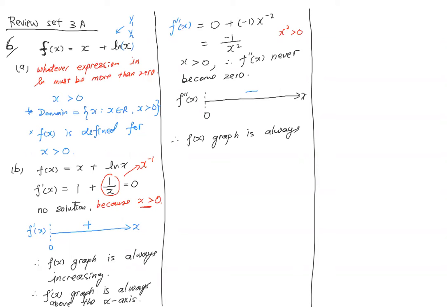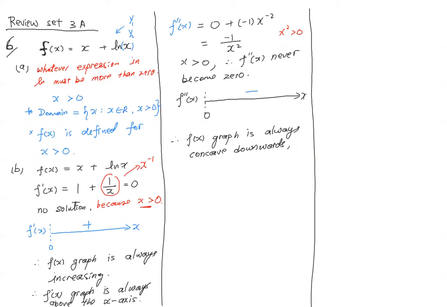Okay, you can say increasing with decreasing rate. But before we say increasing with decreasing rate, we talk about the shape first. Concave down. Yeah, concave down.